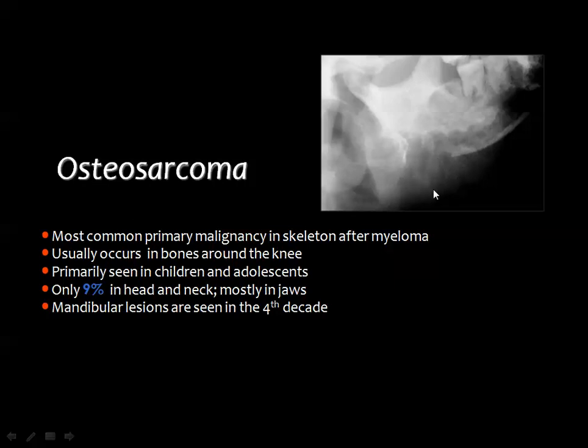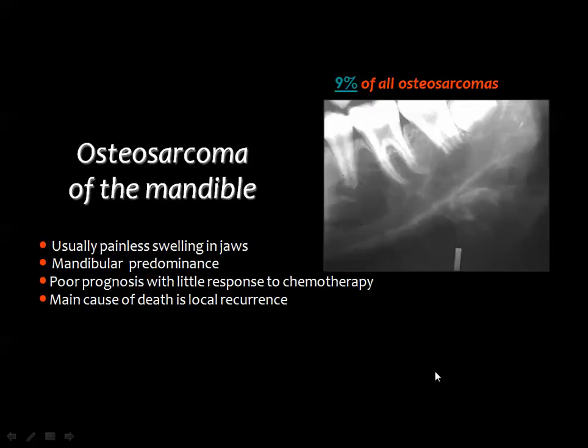And the sun ray spiculation is seen in the soft tissue component of the tumor extending outside the confinement of the affected bone. And this is also a classic appearance of osteosarcoma of the mandible with the radiating sun ray spiculations of the periosteal reaction.